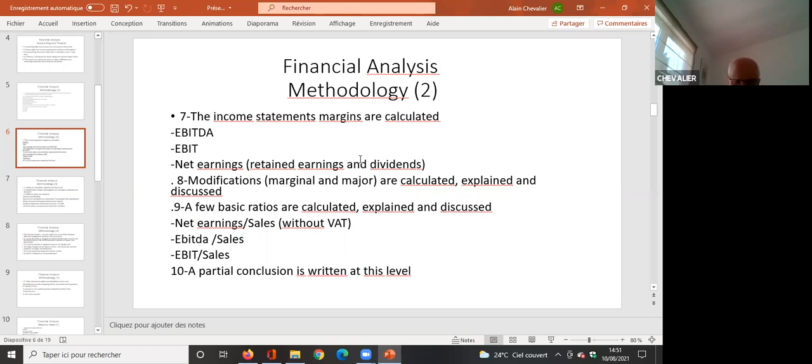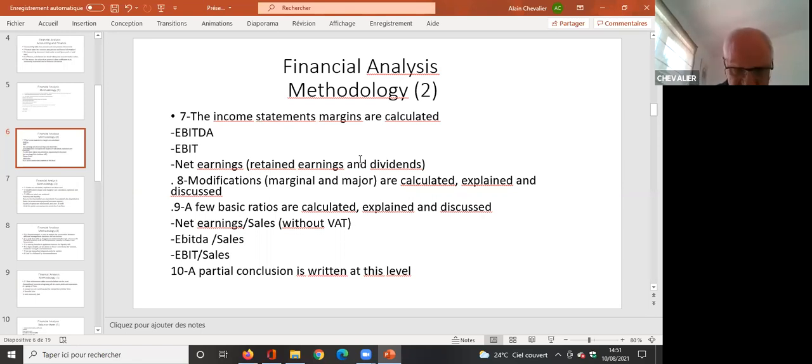And when you are there, point 10, partial conclusions can be written, taking into account all the consequences of calculations that have been done with the standardized balance sheet and income statement.